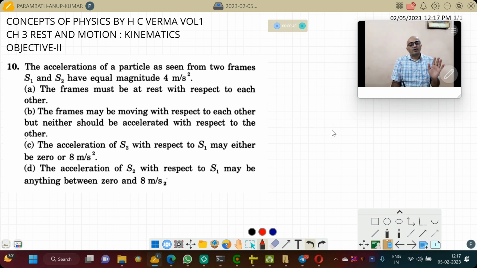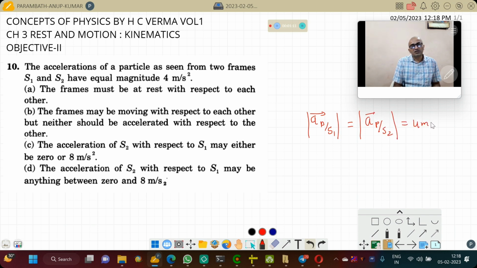But the acceleration of the particle with respect to the S1 frame, a vector, its magnitude is equal to the acceleration of P with respect to frame S2, that is equal to 4 meter per second square. The directions are not important as we are focusing on magnitude.